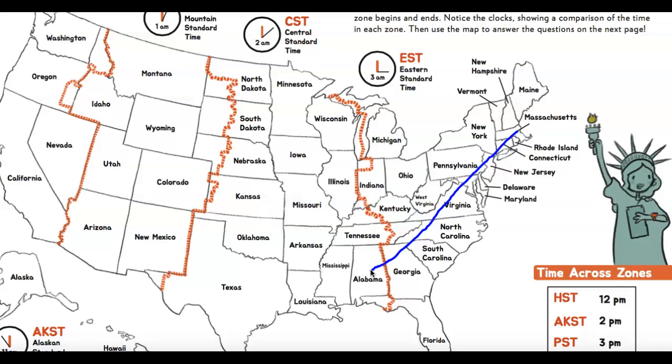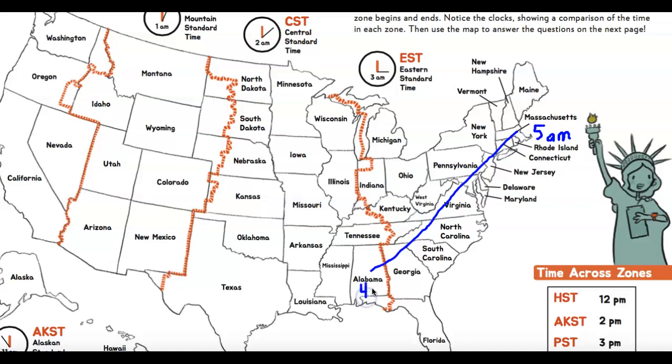If they leave Massachusetts at 5 a.m. Eastern Standard Time on Friday, what time will they get to Alabama? All right, so it's 5 a.m. in Massachusetts. And when they leave, in Alabama it is 4 a.m. because Alabama's in Central Time, okay?